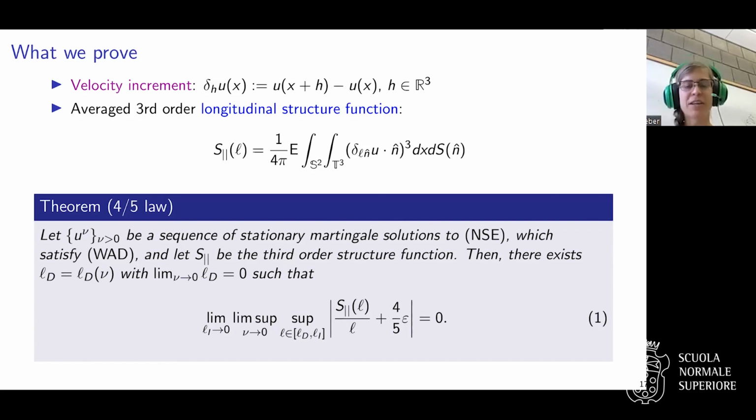Assuming the weak anomalous dissipation condition and a sequence of solutions, we have a dissipation scale l_D depending on nu that goes to 0 as nu goes to 0, and an integral scale. If we take the supremum of l between these two scales and send nu and the integral scale to 0, then this will be equal to 0. So basically this is equal to -4/5 epsilon plus some error terms in these two expressions.